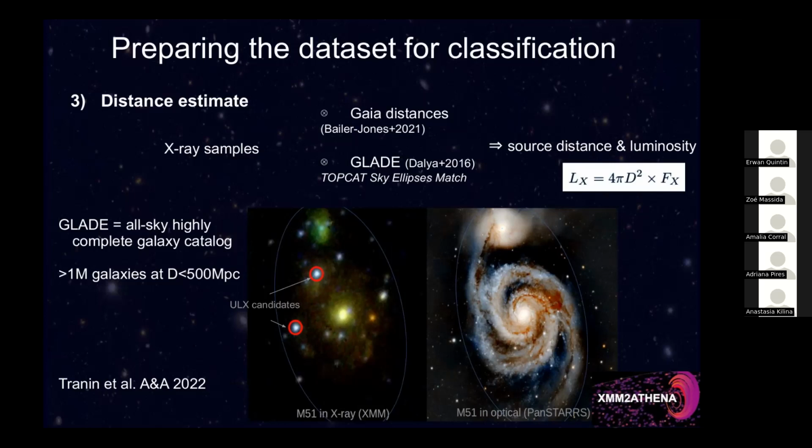In our case, we chose GLADE, an all-sky galaxy catalog designed for searching for the electromagnetic counterparts of gravitational wave events. It is rather complete up to maybe 500 megaparsecs.